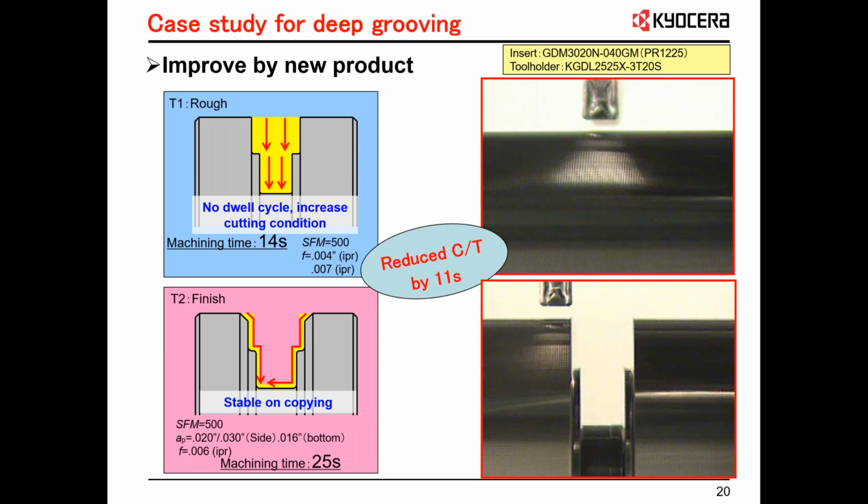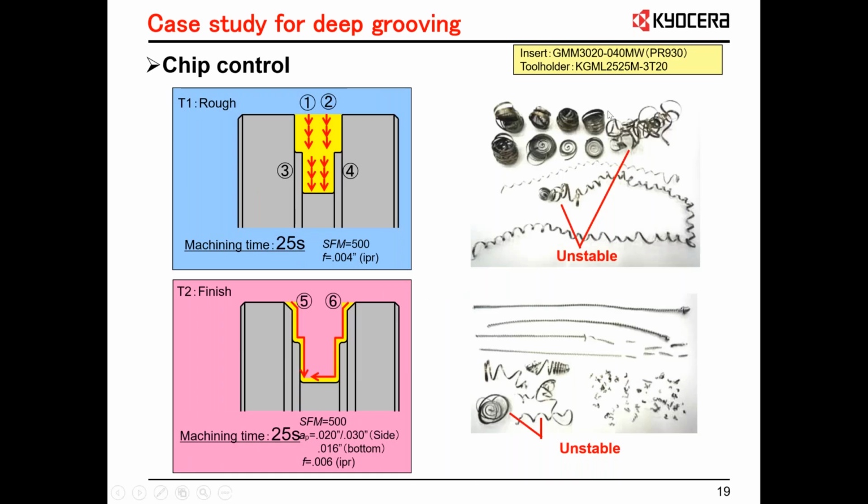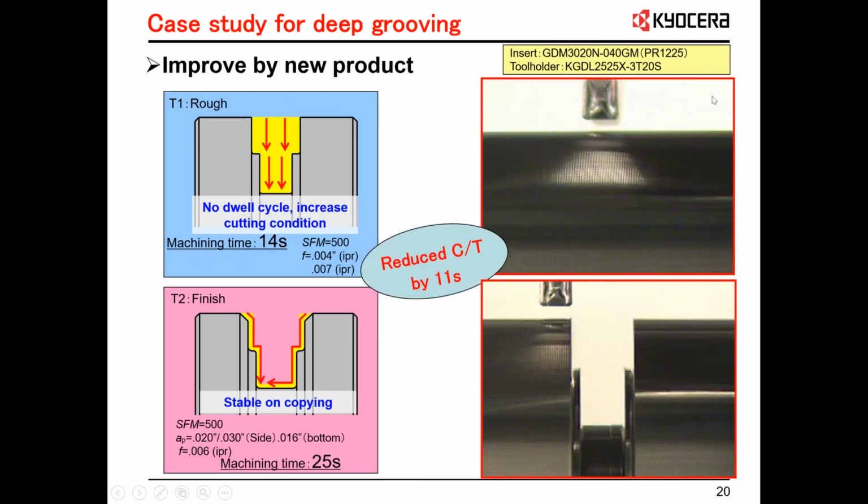That's why we're always coming out with new chip breakers. So you're looking here, we're using the old GMM MW insert, right? Still having a peck and still having chip control issues. Now we're going to the KGD style, the GDM with the new GM chip breaker. It's not new now. This was back in the day with the GM chip breaker.